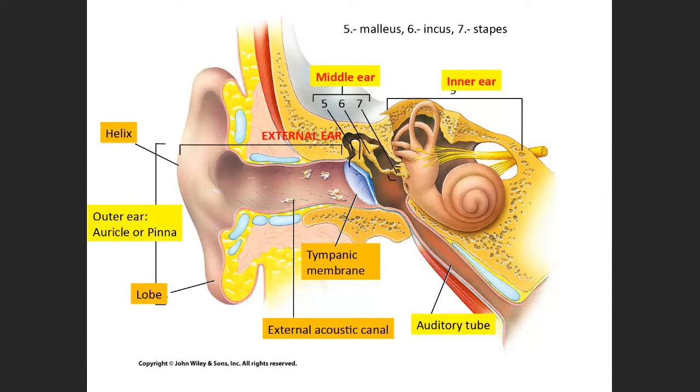The stapes is physically on top of the oval window, the entrance into the inner ear. You cannot see the oval window because the stapes is right on top of it. This little tube right here is the auditory tube, eustachian tube, or pharyngotympanic tube, which connects the middle ear to the nasopharynx.